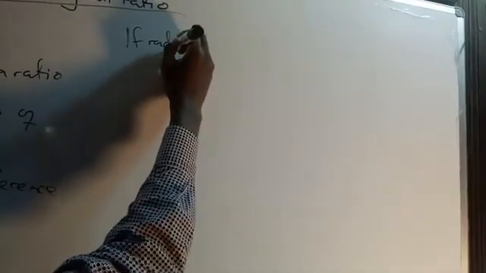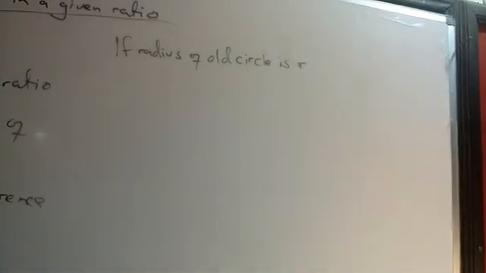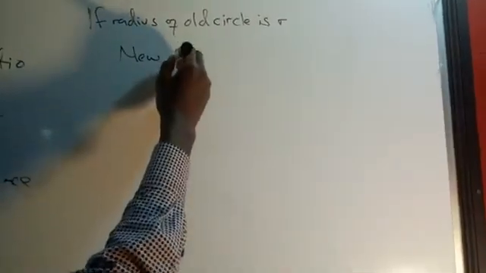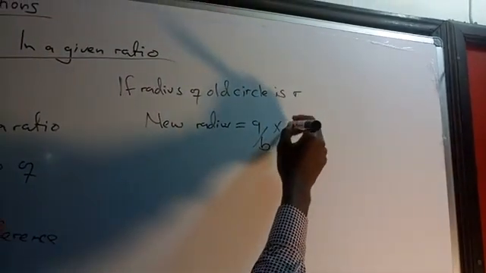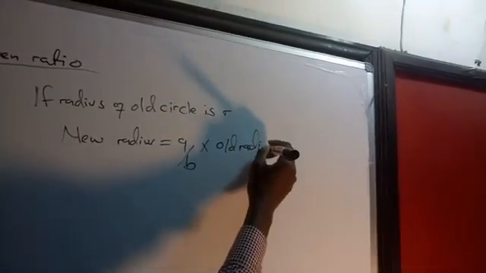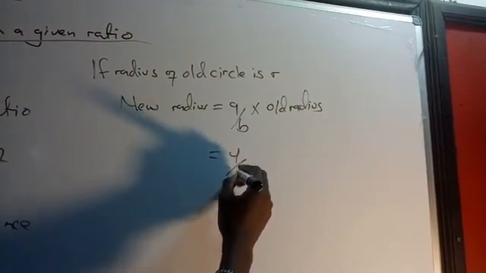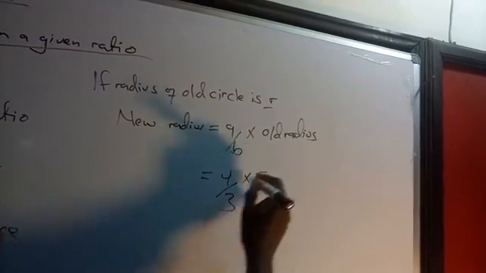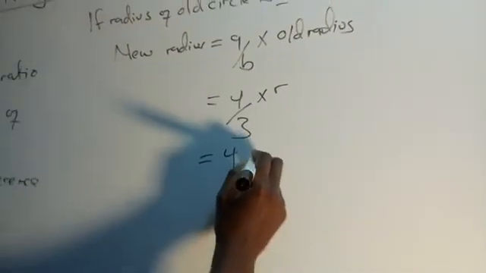If we say that the radius of the old circle is r, the new radius equals a over b times the old radius, becoming a which is 4 and b which is 3 times the old radius r, getting our new radius as 4 over 3 r.